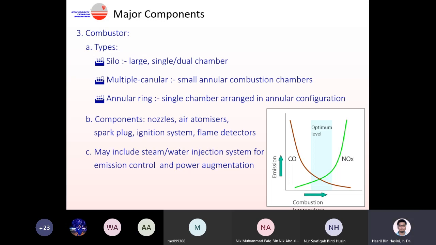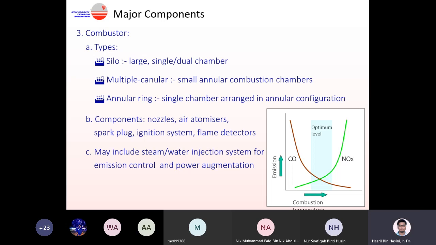What do we have in our combustor? We have a nozzle, an air atomizer, a spark plug, and an ignition system. We also have a flame detector, which is needed to control the flame. You might also have a steam or water injection system in your combustor.